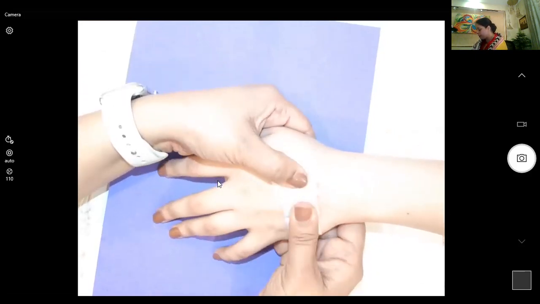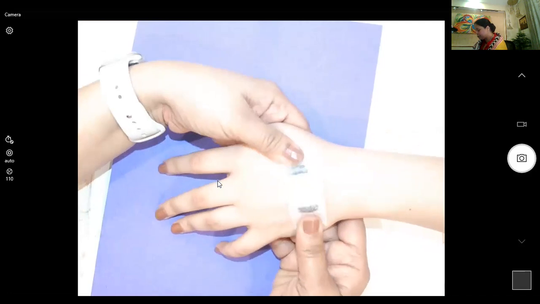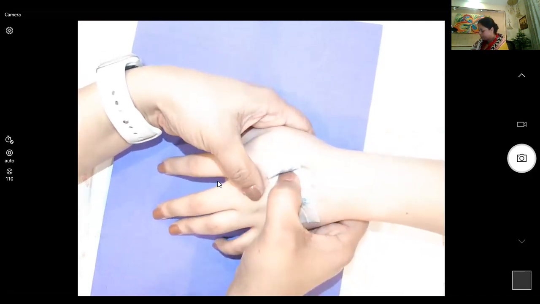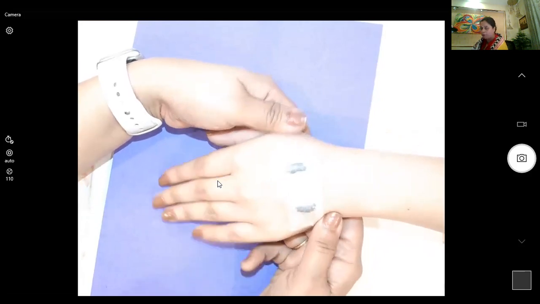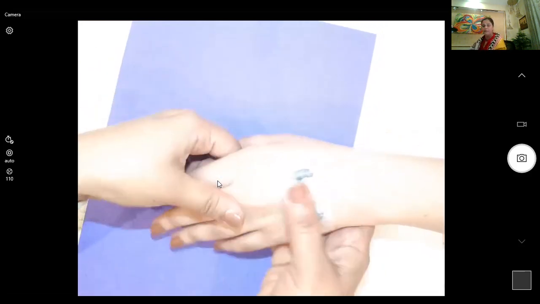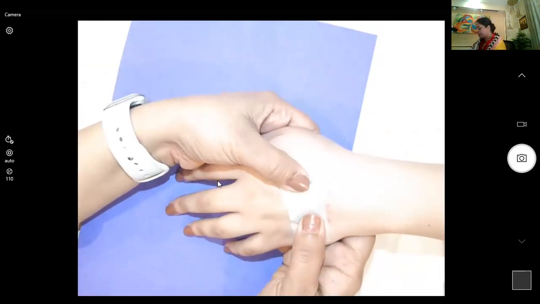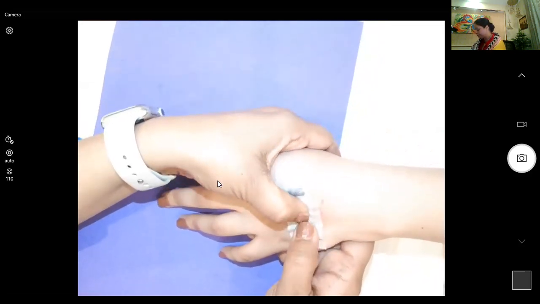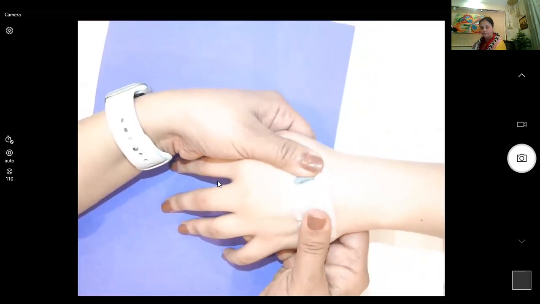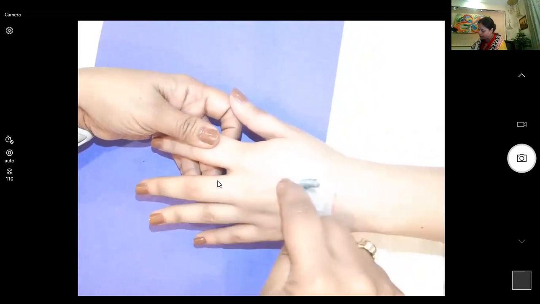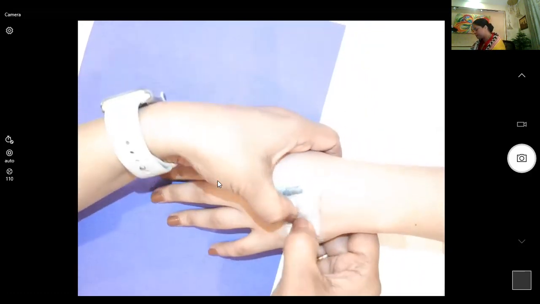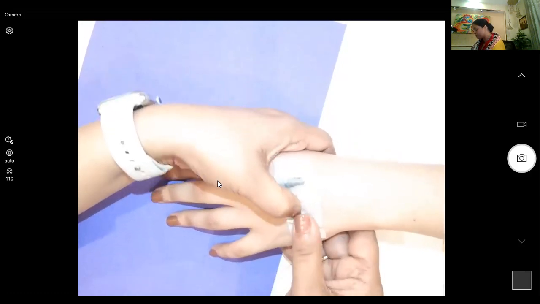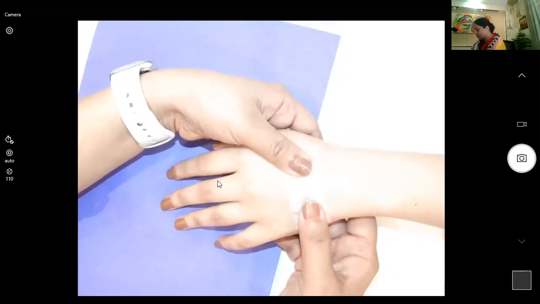Then you have to check the correct position like this, and tell your patient to press this point several times a day. Don't forget this location here. It is between two bones in the depression area.